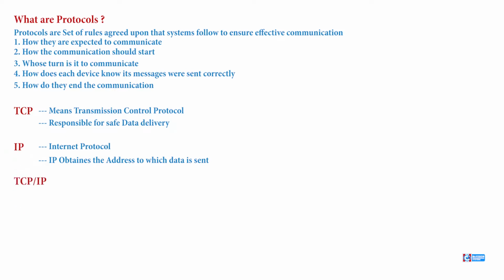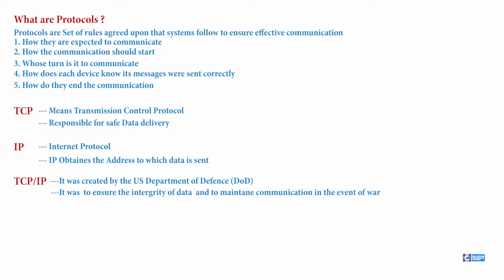Now, to delve deeper into the origin of TCP/IP, let's see some brief history of these protocols. TCP/IP was created by the U.S. Department of Defense. This was to ensure integrity of data as well as to maintain communications in the event of war. This was created in the 1970s for use in ARPANET.